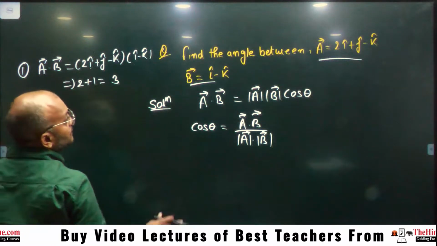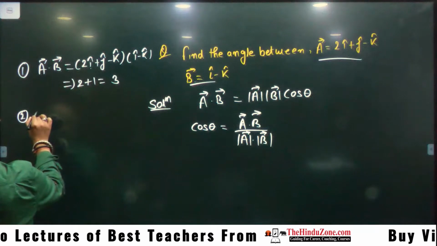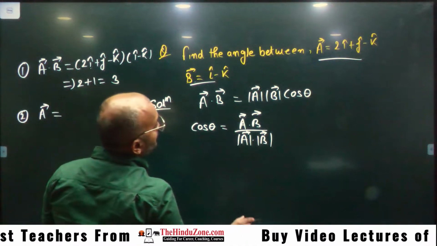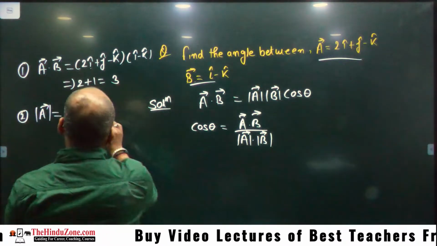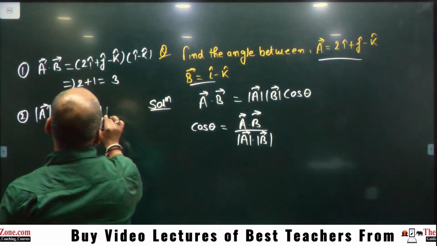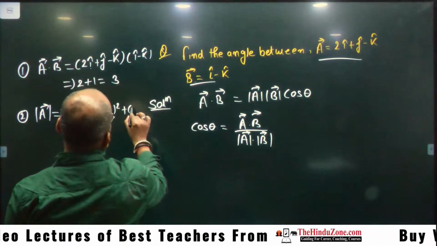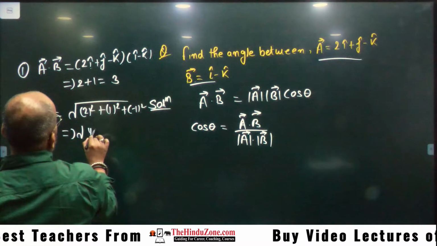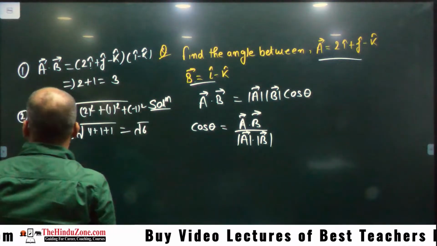Right. Now let's find out the magnitude of vector A. Magnitude of vector A will be what? Under the root of 2 squared plus 1 squared plus (minus 1) whole squared. Comes out to be 4 plus 1 plus 1, that is under root 6.